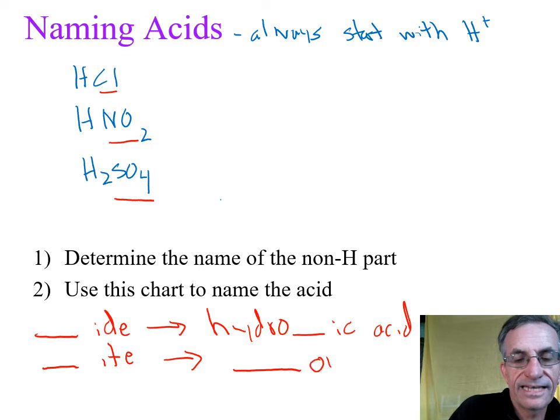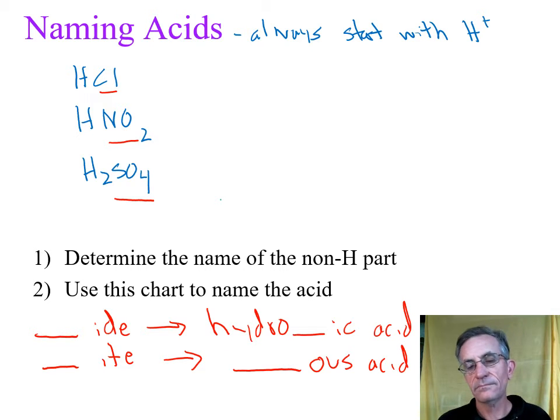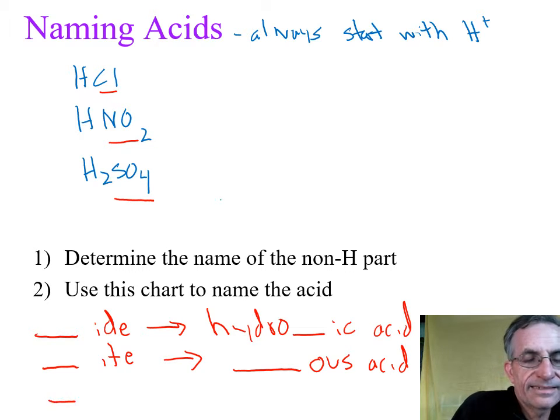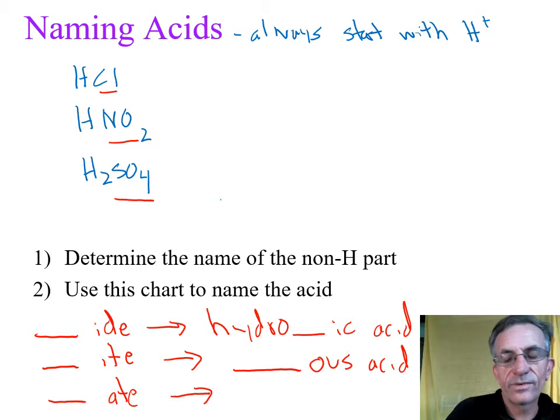We'll switch the ending to ous. It'll be an ous acid. If you look at the name of the non-hydrogen part, the rest of the formula, and it ends in ATE, we're going to switch the ending again. It's going to be an ic acid, an ic acid.